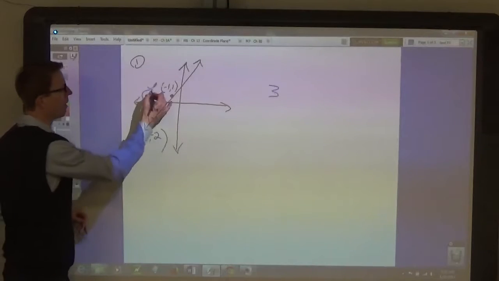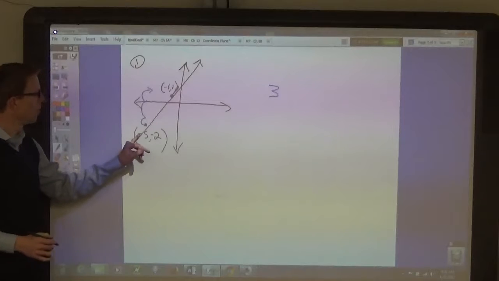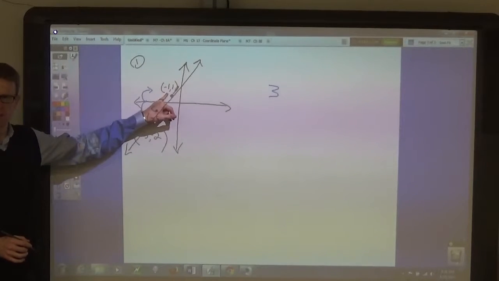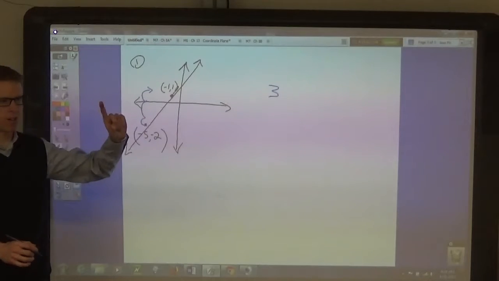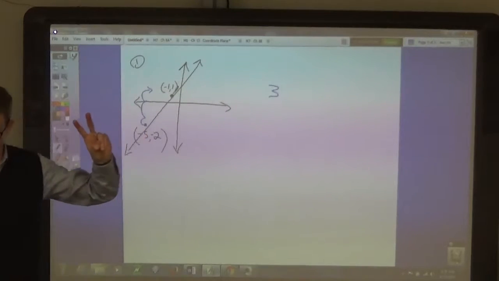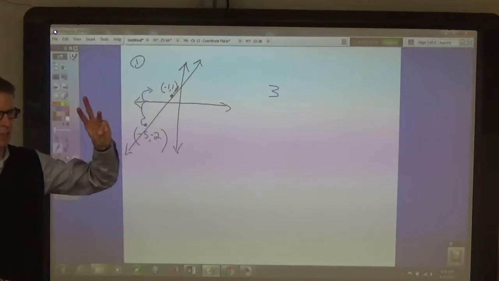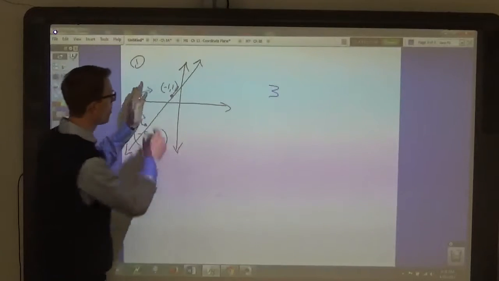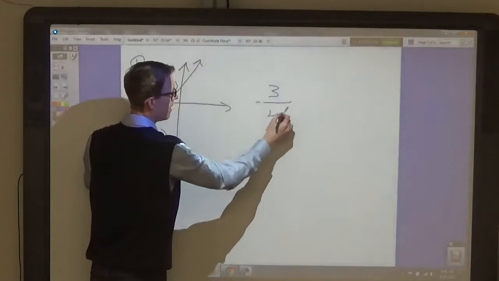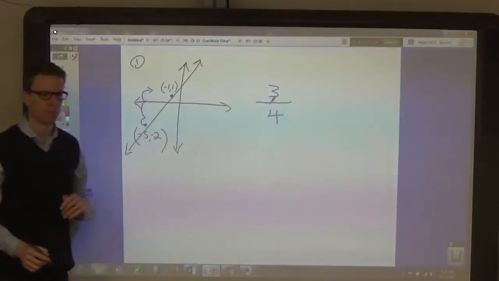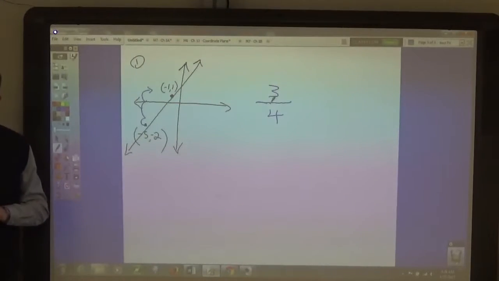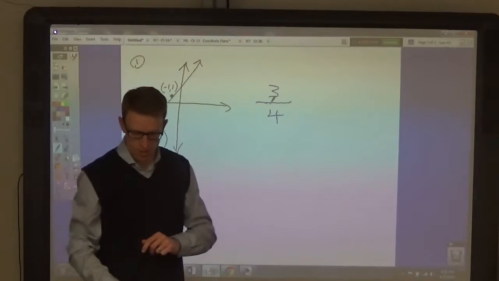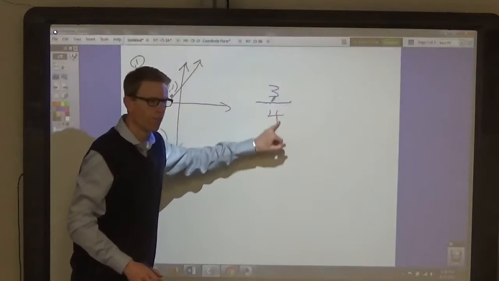Then, from that point, count over from -5 to -1. -5 to -4, -4 to -3, -3 to -2, -2 to -1. So it is a move of 4 spaces to the right. Okay? How many of you got 3 over 4 for that one?